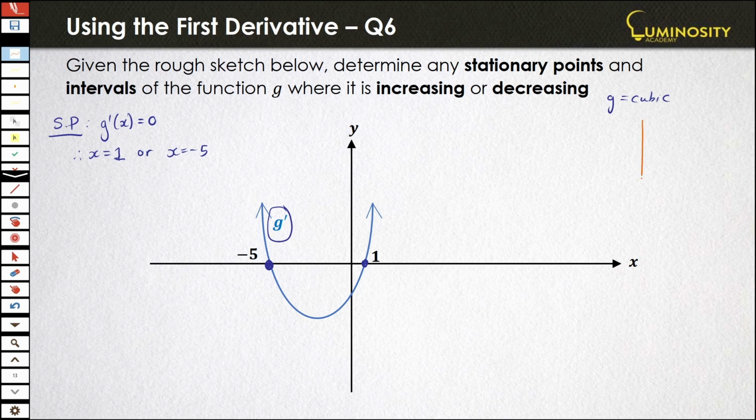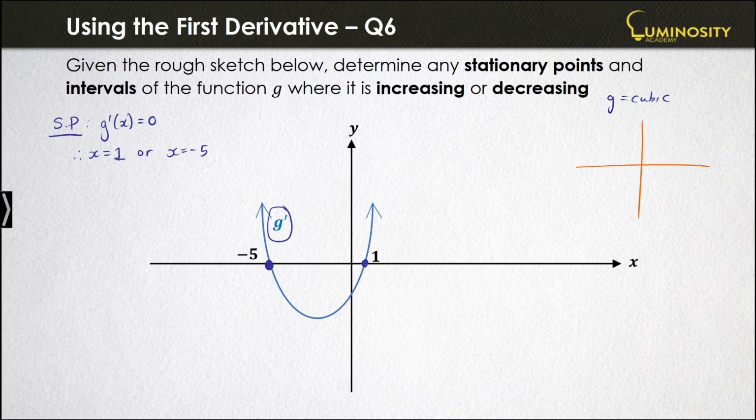Because if we were looking at, for example, some cubic graph, okay, so stepping outside here, let's see what this looks like. This is g prime, the derivative. You see the g prime is positive here. The values for g prime are positive when x is less than -5 and greater than 1. So that means that your graph is probably increasing because the derivative is positive. So your graph is most likely increasing up to those points, and then because it's 0 there, it's a stationary point.